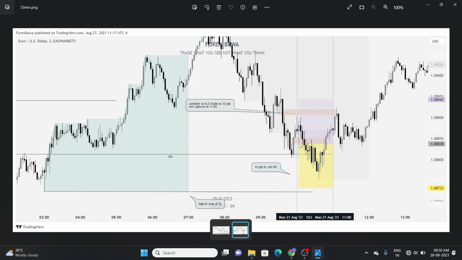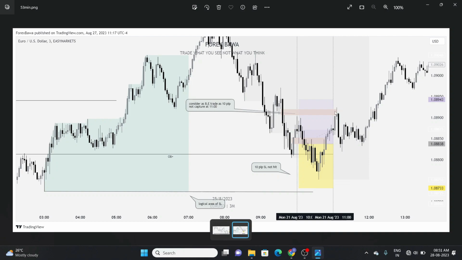You can enter here. And what is the logical stop loss here? You can see we can put the stop loss below this session liquidity, but we have a rule of 10 pip. So when we calculate 10 pip from here to here, this could be it, and our target should be 10 pip.